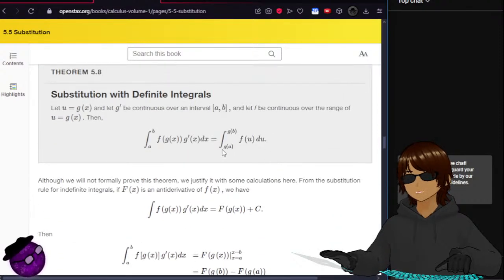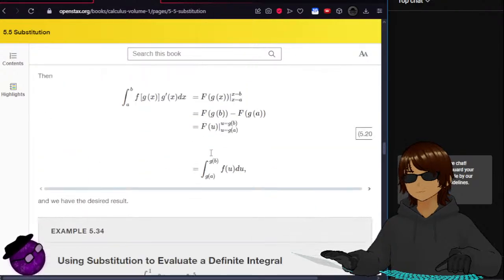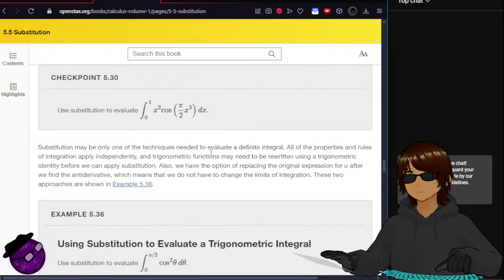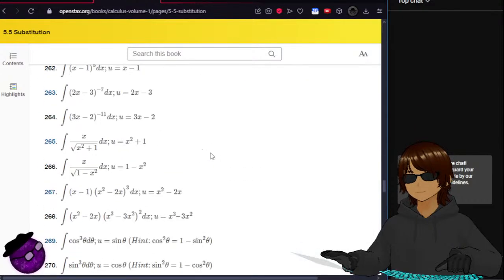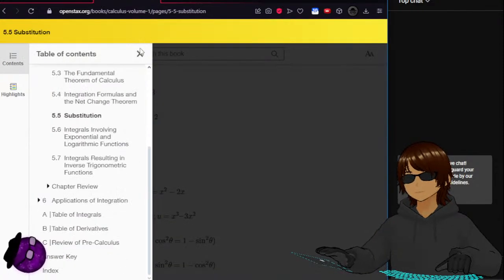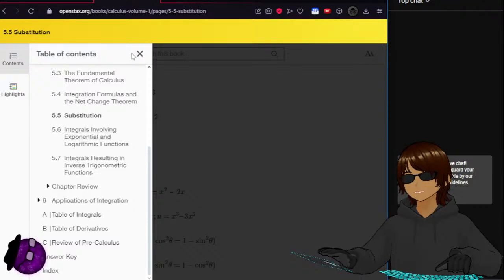For the definite integrals, we need to substitute the value. What is the next chapter? I think these two I should leave for the next stream.